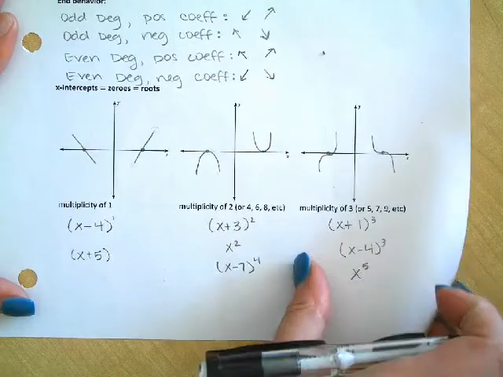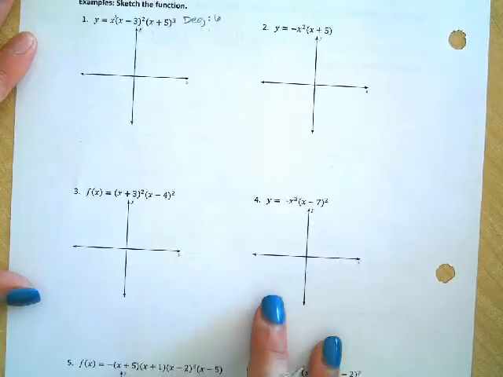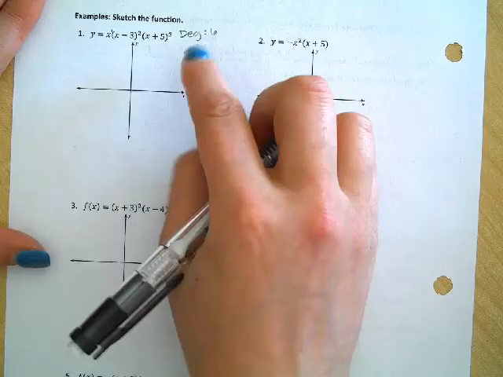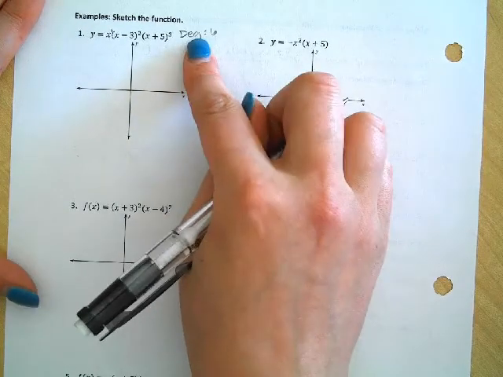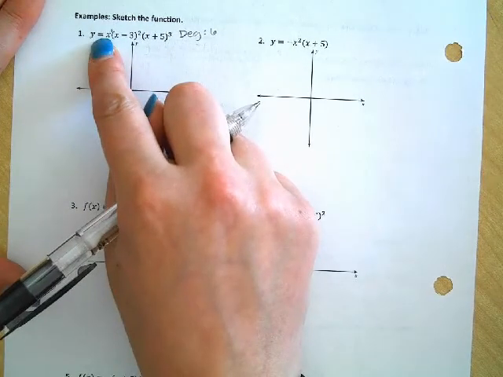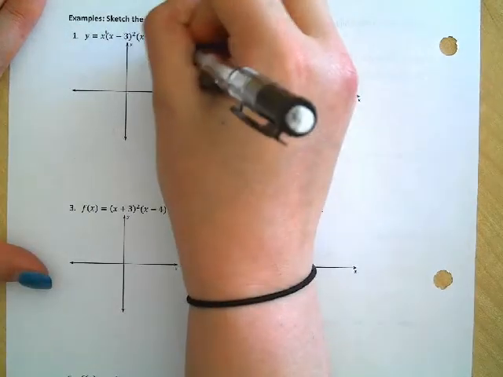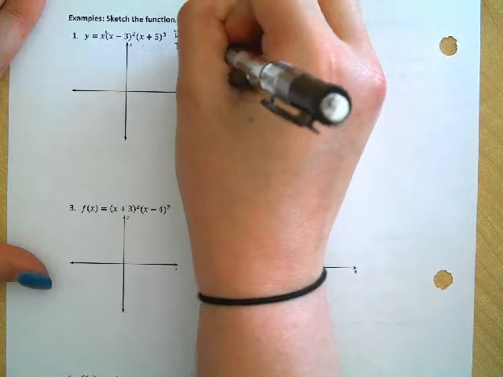Okay? So now we're going to combine those ideas and we're going to look at these. We're going to do some of these examples in the video and then some of the examples we'll do in class. So this is a degree of 6. This equation has a positive coefficient because there's no negative in front of the equation. So I'm going to say this is a positive coefficient.